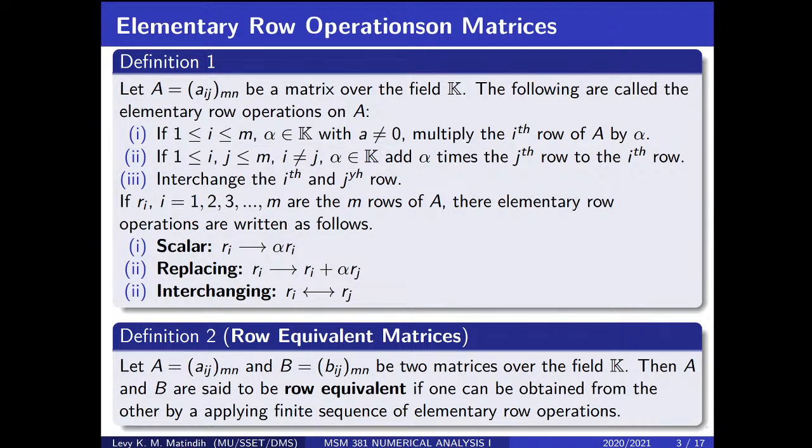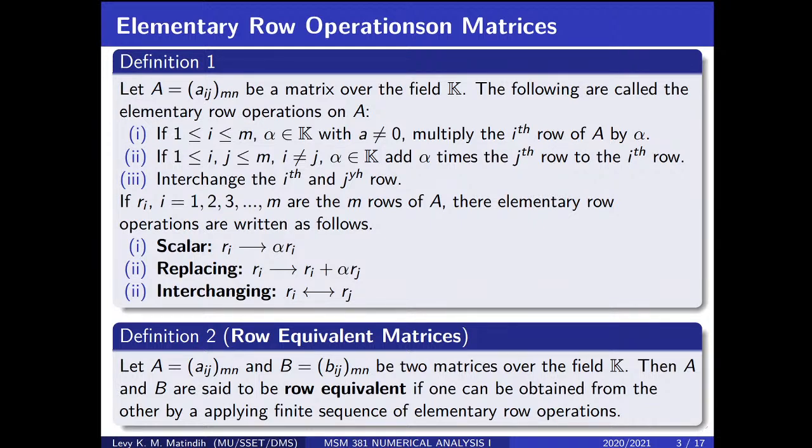Definitely, the resulting matrix will not be exactly the same as the first matrix. So there will be this new matrix. The new matrix that you have found by applying the row operation on the first matrix, we call it row equivalent to the first matrix. So this is what definition number 2 is talking about.